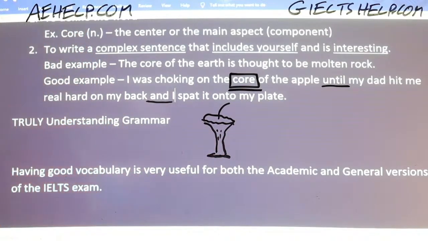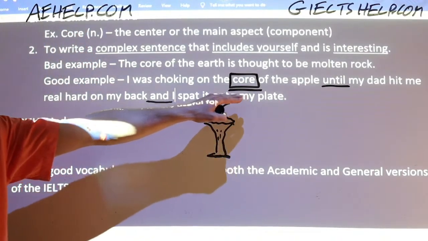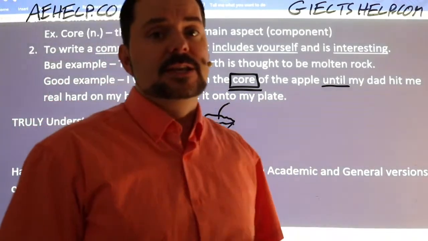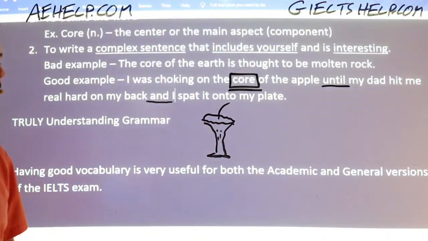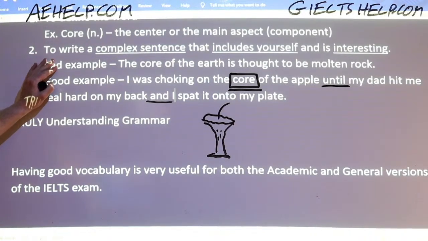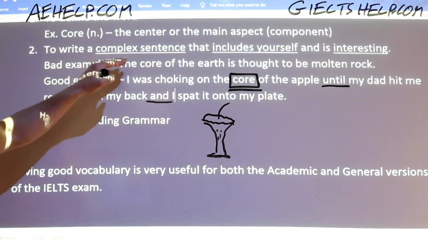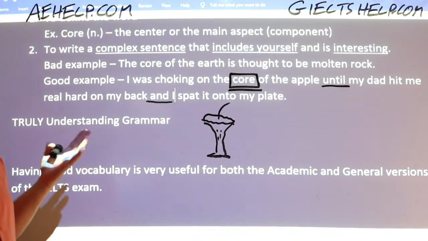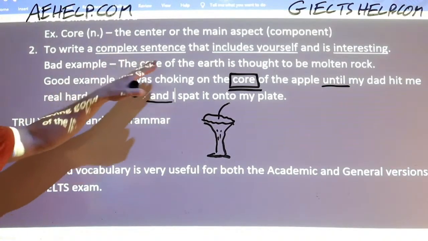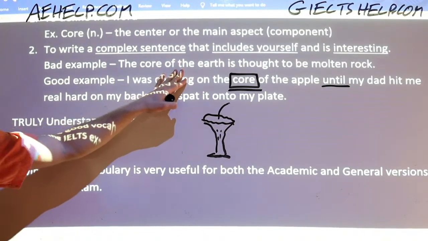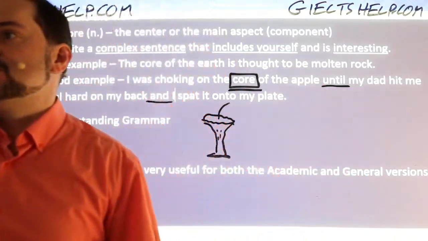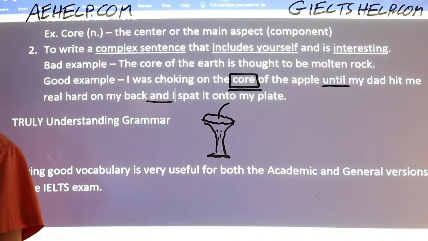In fact, I recommend using a different colored pen or pencil to emphasize the new vocabulary that's in there, okay? So number 2, when you're learning vocabulary effectively, is to write a complex sentence that includes yourself and it's interesting. This will help you to remember and recall the information. So it will help you to remember it and be able to use the information when you have to, okay?